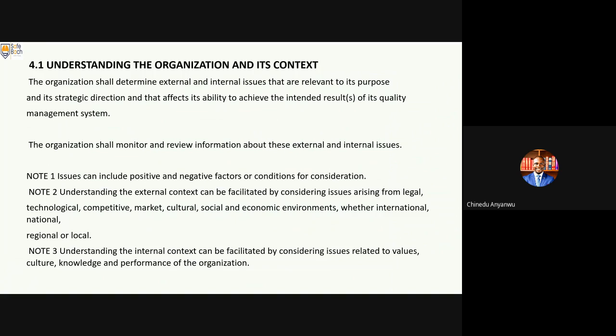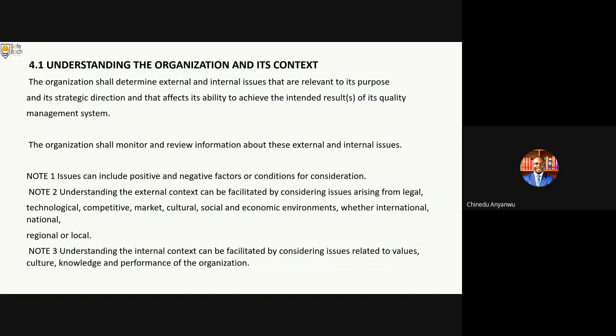Now, what this is simply trying to talk about is that every organization must be able to look at themselves very clearly and say, what will affect us from being able to meet the promises we have made to our customers? Remember very well that ISO 9001 2015 is a customer-based management system and a risk-based management system.